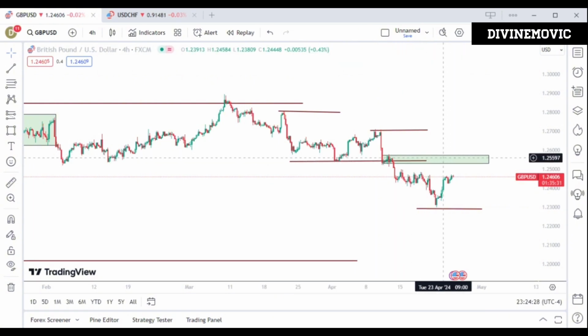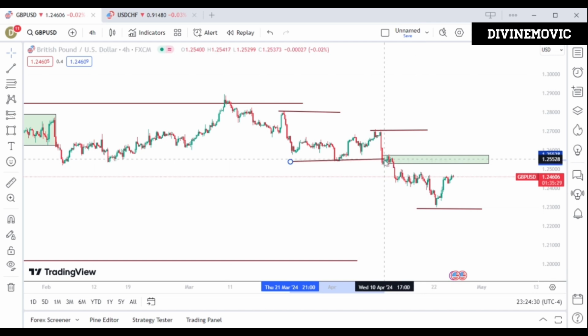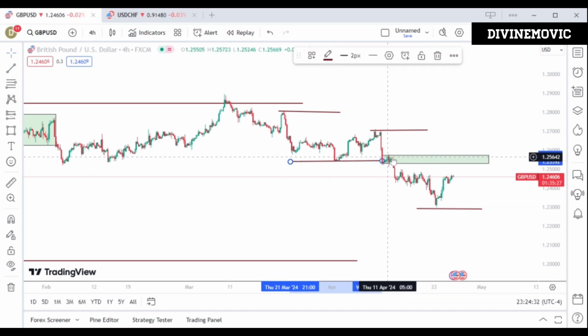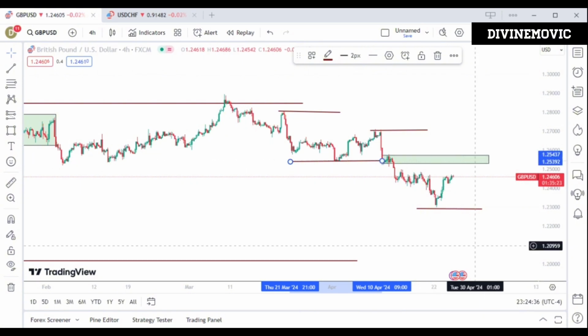So the reason this place is our zone is because support turned to resistance at this zone, and we are looking to start selling from this point if price eventually comes here and we continue the trend. But we're not just going to buy or sell from that point because we want to see price give us some confirmation before we can say, okay, this is going to be a sell or this is going to be a buy.